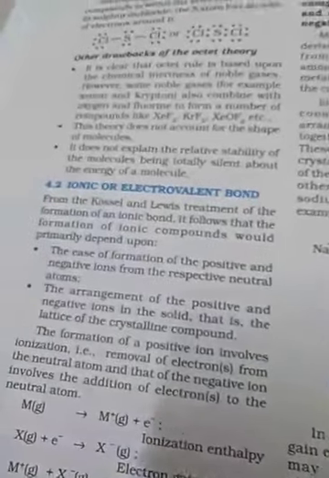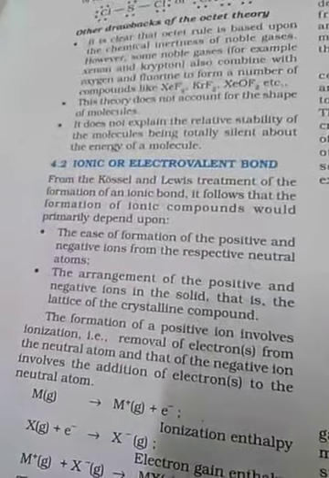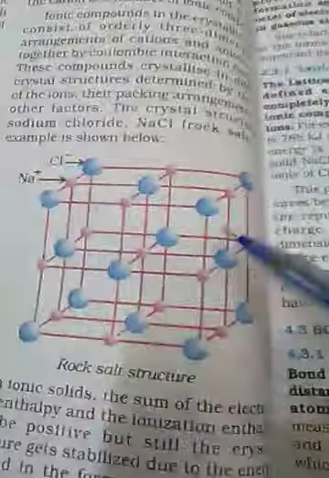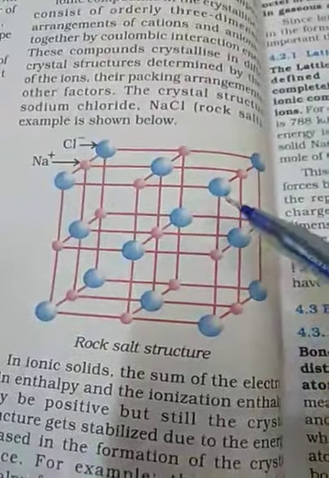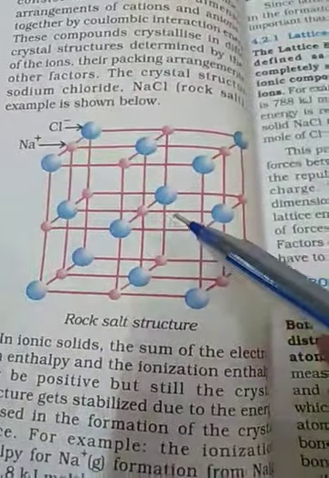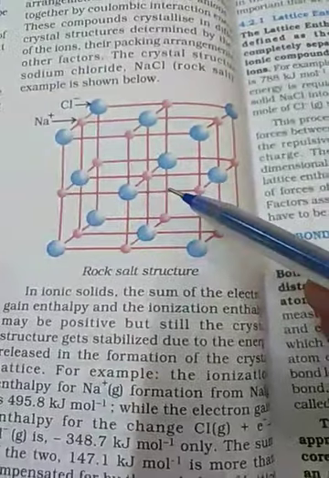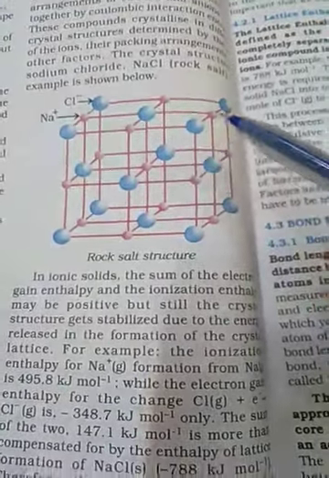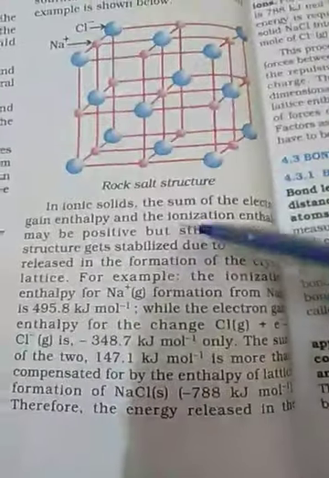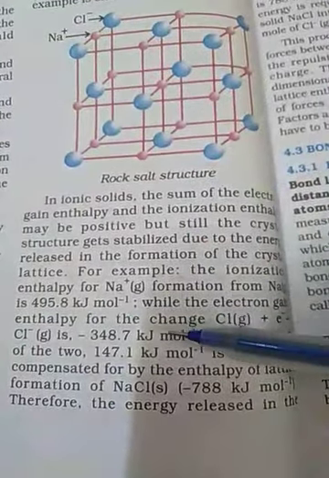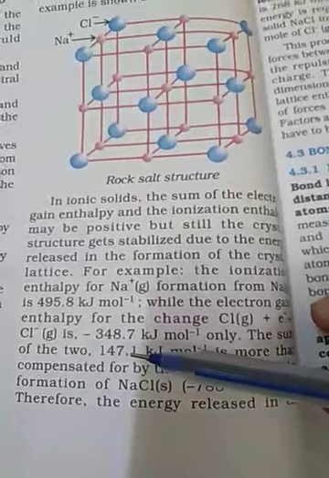Okay, so today I taught you, earlier I taught you the covalent bond. In this I taught you the ionic bond, the electrovalent bond, with complete losing and gaining of an electron, and how the crystal forms, and how the enthalpy for formation of the crystal is released through the ionization enthalpy and electron gain enthalpy, the sum of the two.